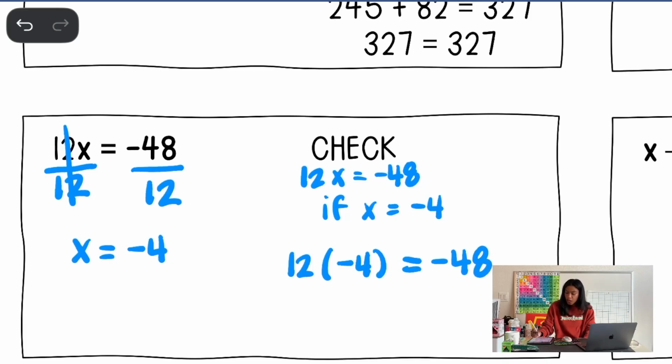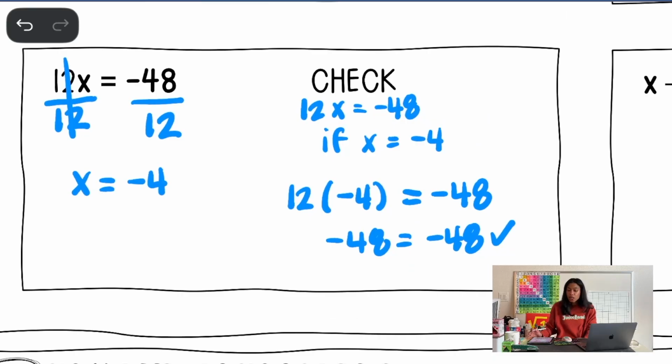Again, remembering that I'm substituting this value in for x. So notice that it was x there. It's going to be -4 there. Now I'm going to multiply 12 times -4 is -48. And that equals -48. Again, like I said, it feels more tedious than it actually is. It really comes in handy once you start getting more complex equations.